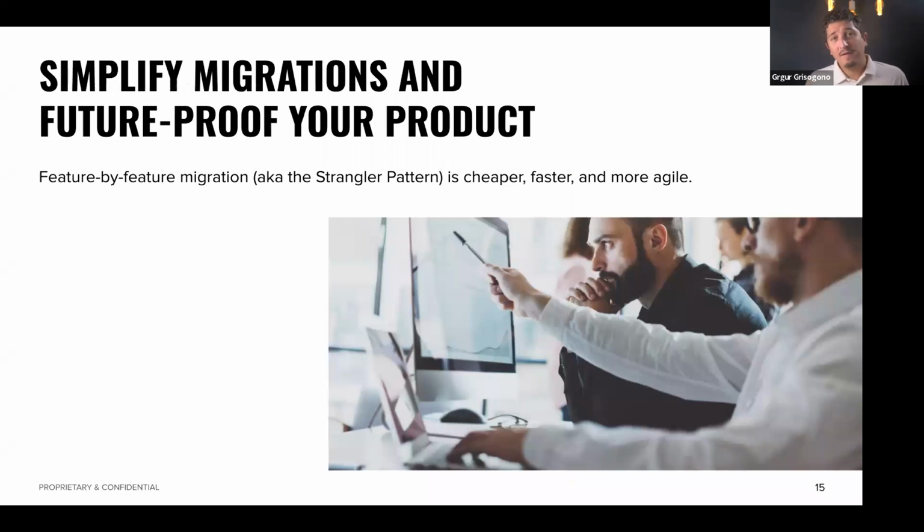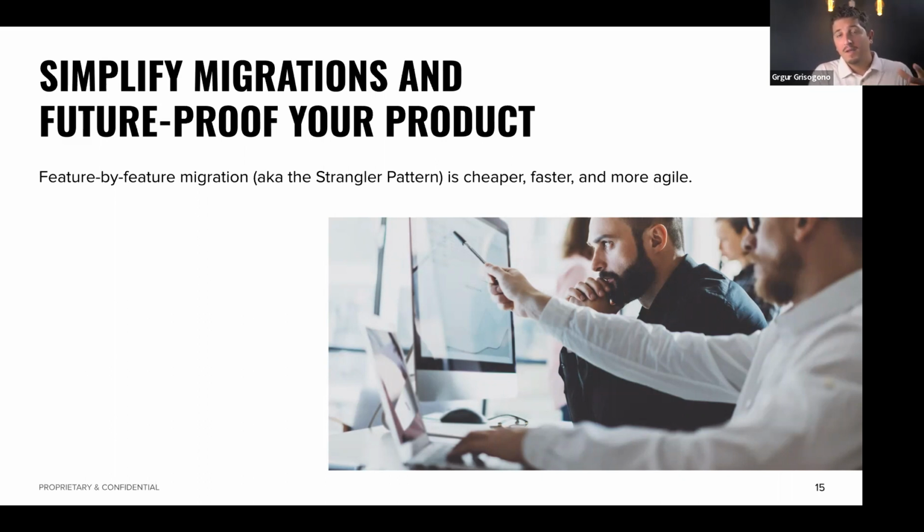So if you've ever migrated an app, you know how migrations are painstakingly slow and expensive for monoliths. But they are not as complicated with micro front ends. Micro front ends are built for faster and more agile migrations, updates and hotfixes, because we are focusing on features, which make up a much tighter scope than the monolith.